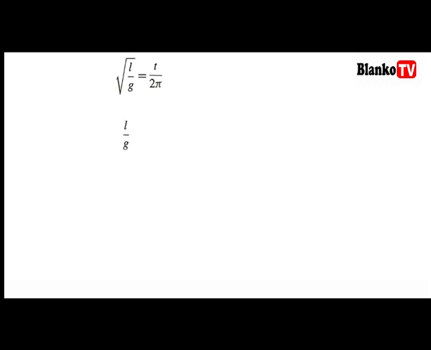So we have L over G equals T over 2 pi in a bracket square. When we simplify T over 2 pi in a bracket square, we are going to get T square over 4 pi square.